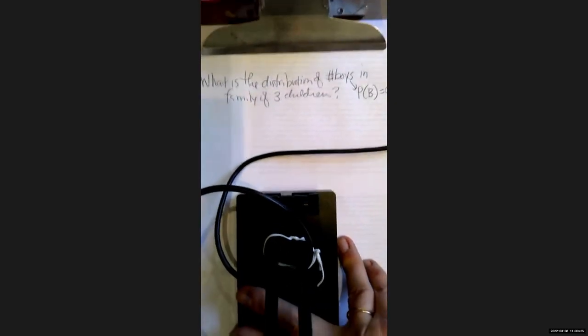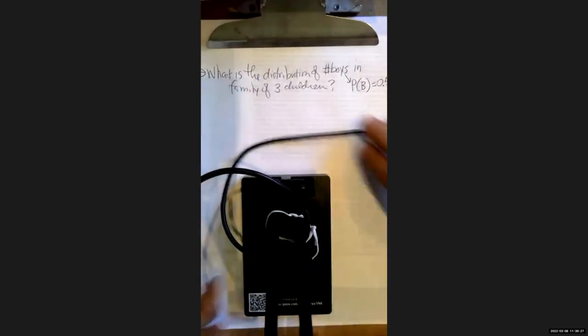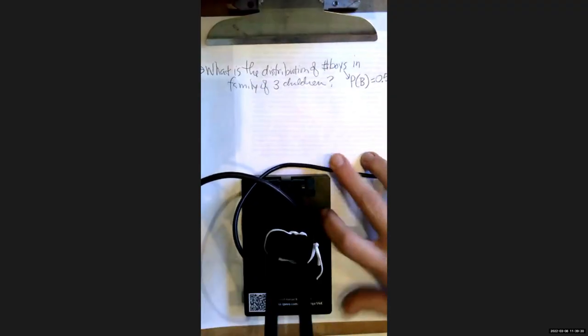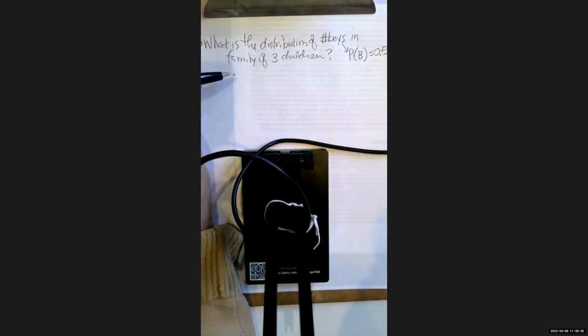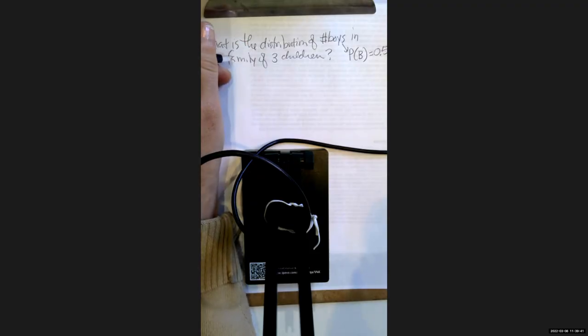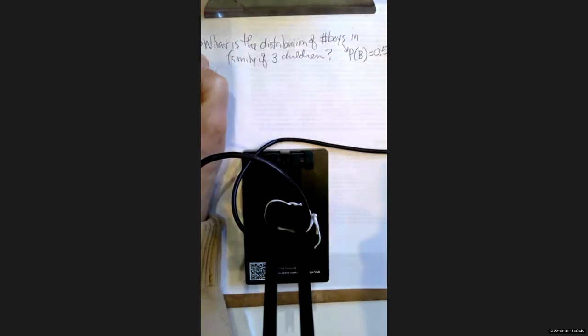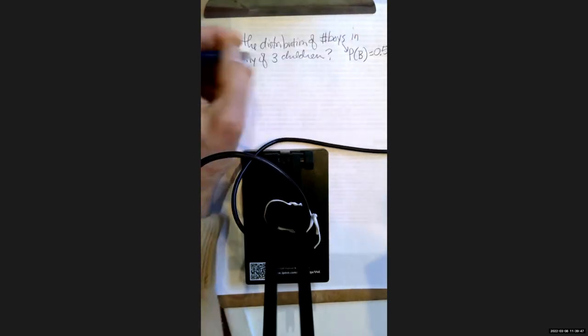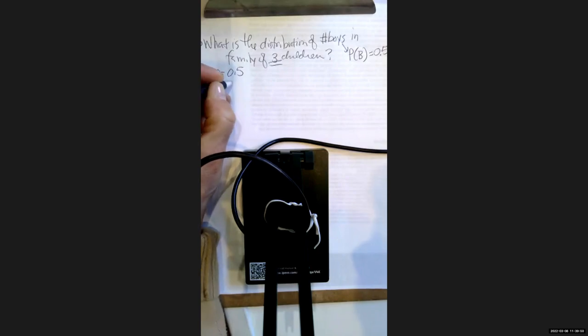Instead of making all those calculations, like we did for the probability worksheet, where we find the probability of getting a boy first and then 2 girls, or a boy second and a girl first, and all of that, we're going to cut to the chase here and just find it using the binomial distribution. So our little p is 0.5, 3 children, that means our little n is 3.